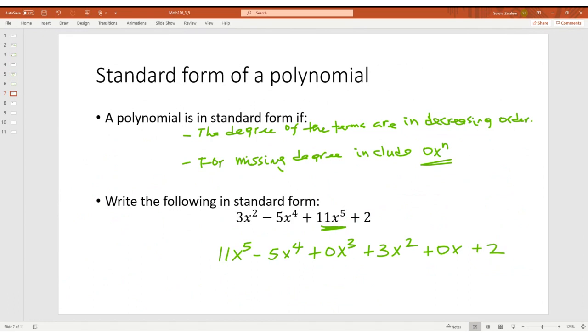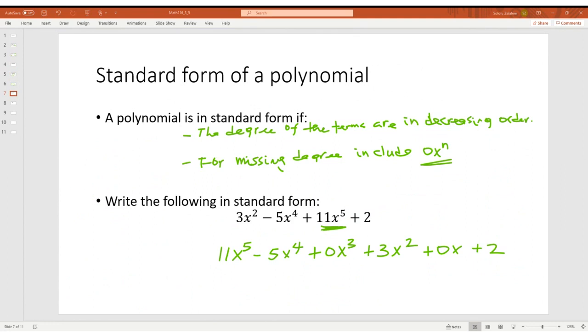If you are missing a term, you include 0 x to the power of n. If the degrees are not in descending order, you have to write them in decreasing order. When you do polynomial division, it's very important to have the polynomial in standard form. That's why I have this slide.